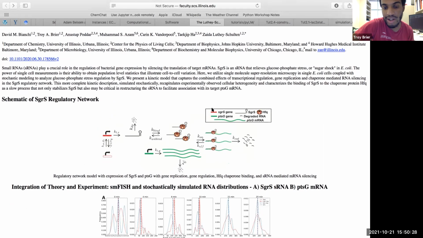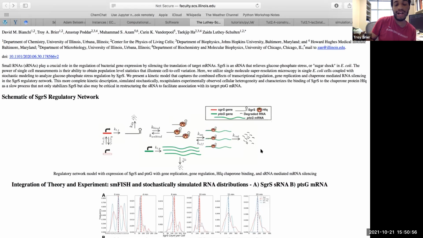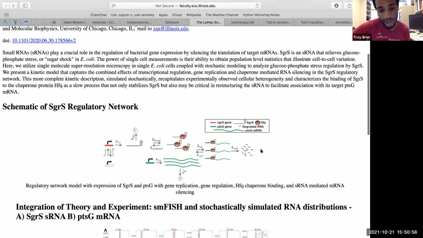What you're seeing here is a schematic of the regulatory network. You have transcriptional activity regulation, with the gene able to turn on and off, a transcription event to generate the SGRS. Then a chaperone protein can bind, and it binds to the PTSG regulator in green here, which then stops translation from occurring.